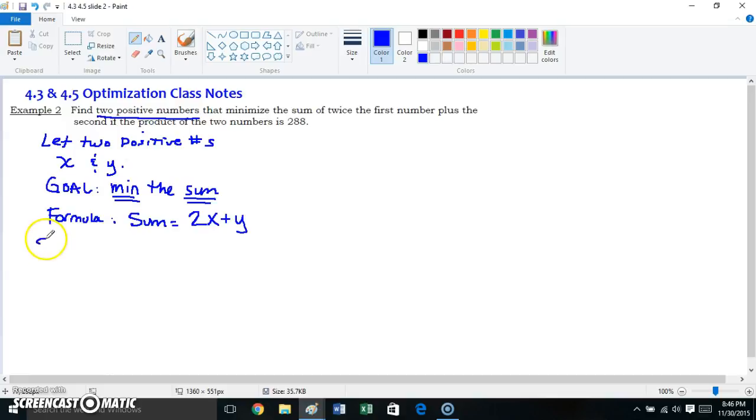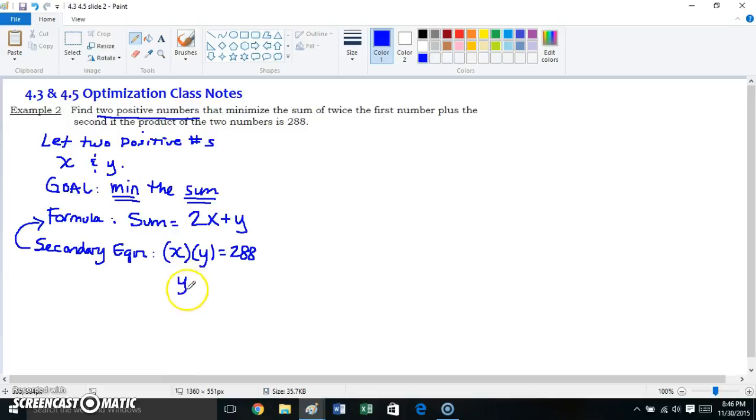All right, our secondary equation is that the product of the two numbers is 288. So that means x times y is 288. That secondary equation is going to help me write the formula for the sum in terms of one variable.